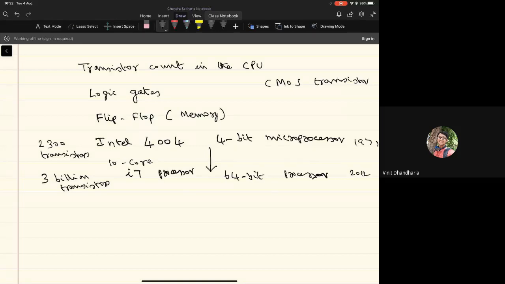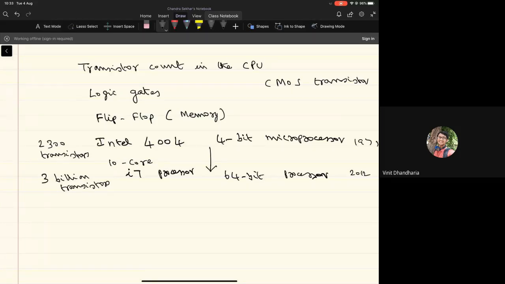Just to give you an idea, each of the logic gates that you'll be using in the design of the various circuit elements typically uses 6 transistors. All right. So what does that mean? The number of logic gates in the Intel 4004 processor will be only about 400 logic gates, whereas the 10 core i7 processor, which has got 3 billion transistors, will be having 3 billion divided by 6, right?